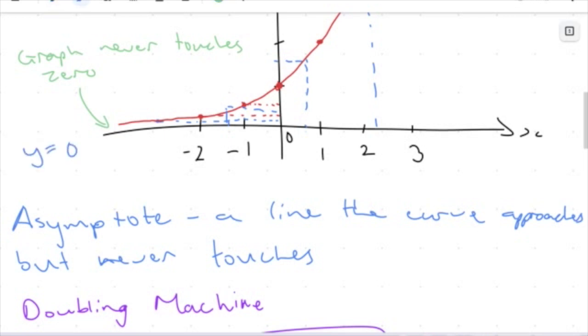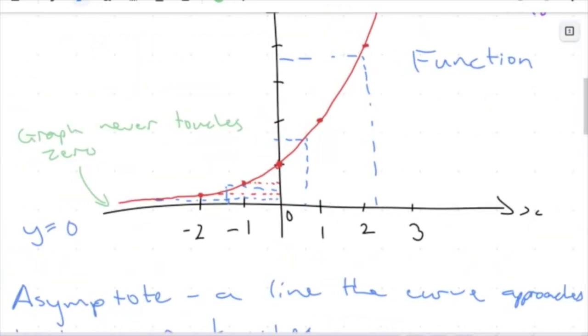In other words, the x-axis. Because remember, our y equals something, these are horizontal lines. So for example, y equals 1, y equals 3. These are horizontal lines. y equals 0 is my x-axis, which my graph is going to get really, really close to, but never actually touch.